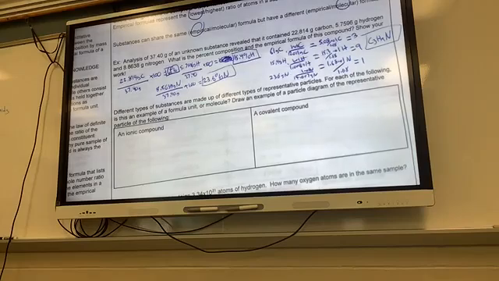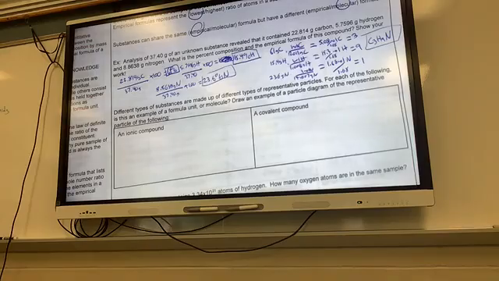Now, it's not on here, but let's say they said that the molecular formula had a molar mass of 120.